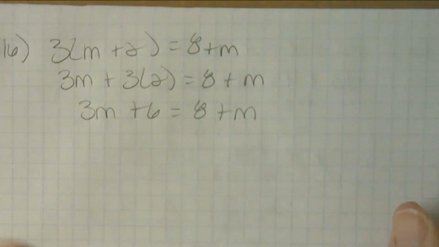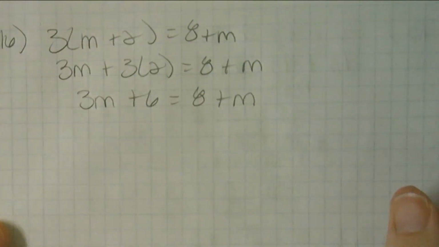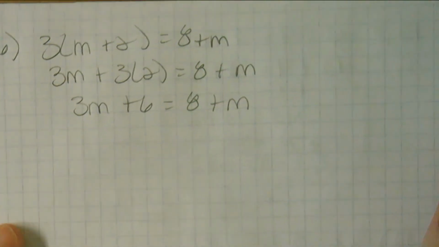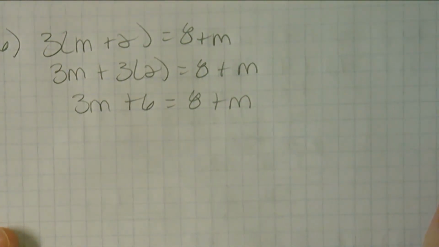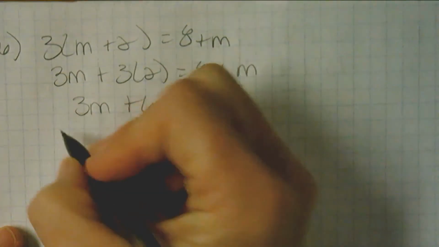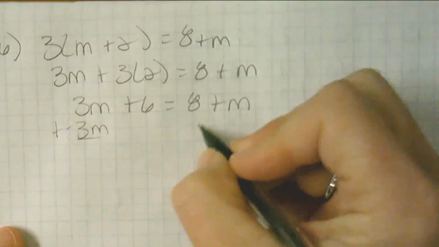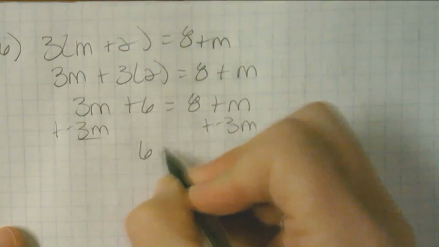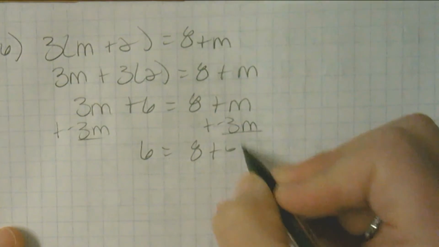All right, from there, Amanda, what did you do? Or Sarah, what did you do? So I have 6 is equal to 8 plus a negative 2m. Now what?